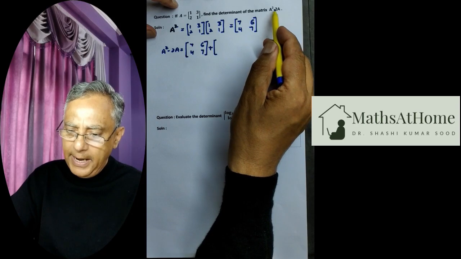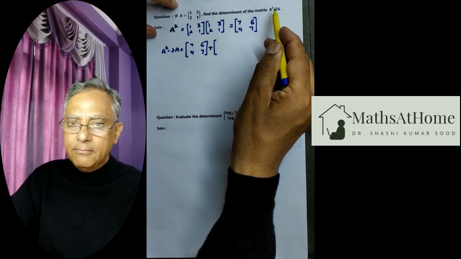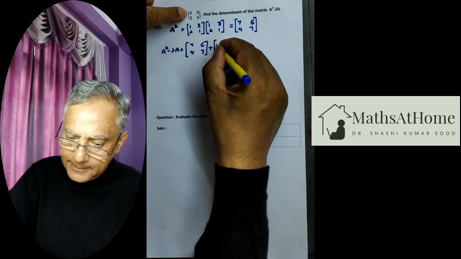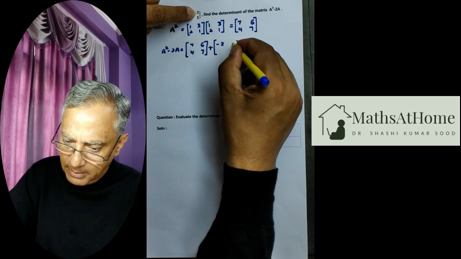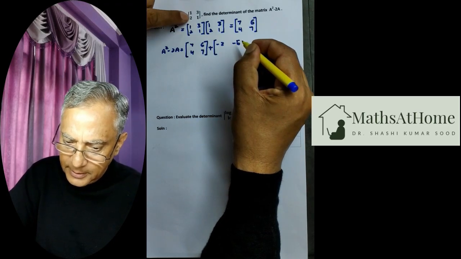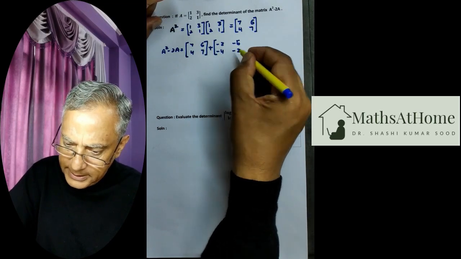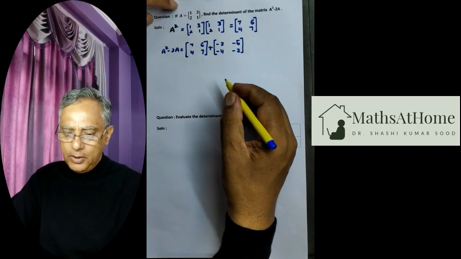So we will multiply A by minus 2. So minus 2 into 1 is minus 2. Minus 2 into 3 is minus 6. Minus 2 into 2 is minus 4. Minus 2 into 1 is minus 2. So this is equal to this much.